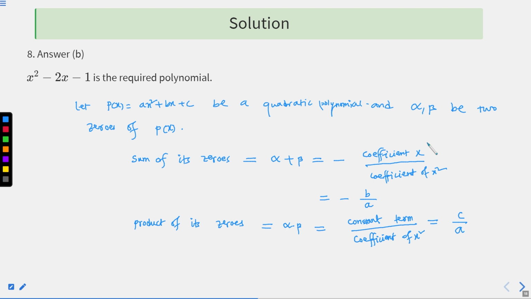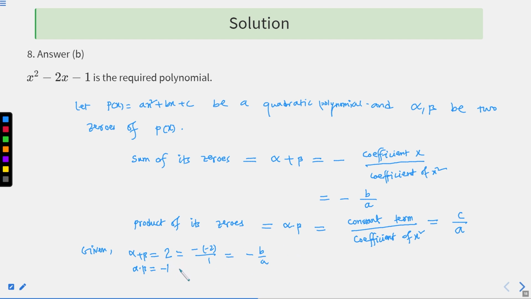In this question we are given that the sum of zeros, alpha plus beta, is equal to 2, and alpha times beta is equal to minus 1. Now 2 can be written as minus of minus 2 divided by 1, which corresponds to minus b upon a.